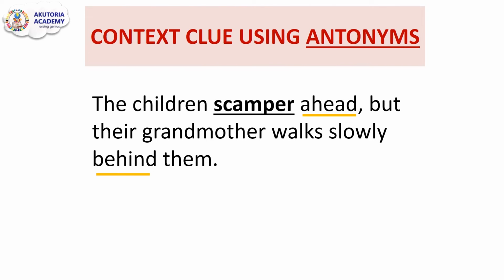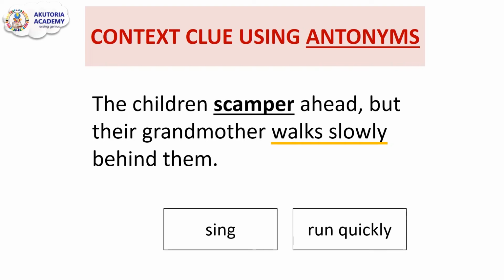So what other antonym do we have in this text? Let's see this word: walks slowly. The children scamper, the grandmother walks slowly. So what does scamper mean? It will have a meaning that is opposite to walks slowly, right? So could it mean the children sing or the children run quickly?